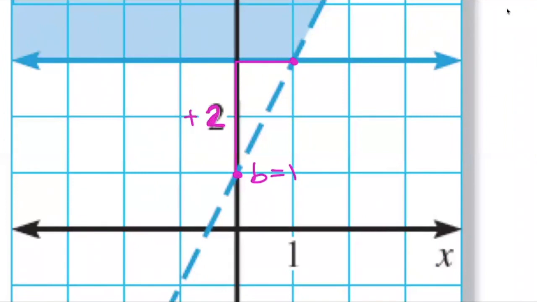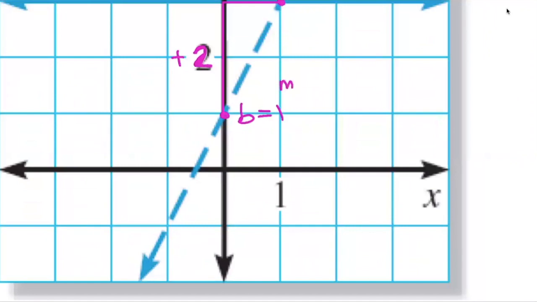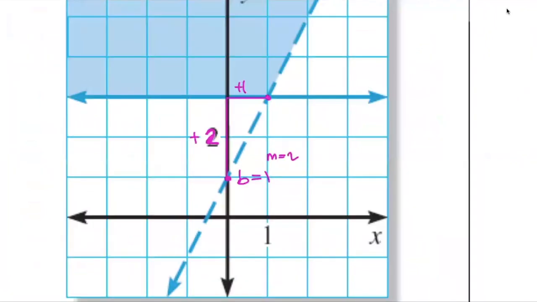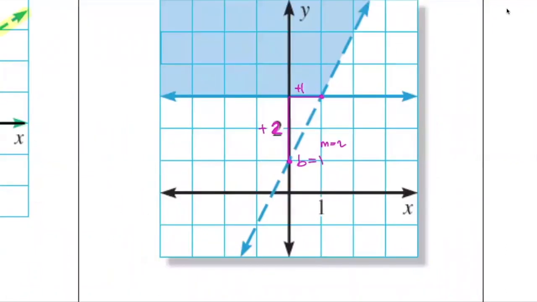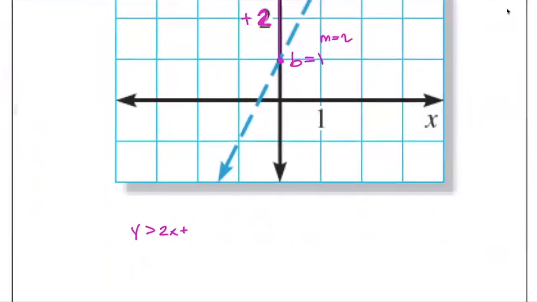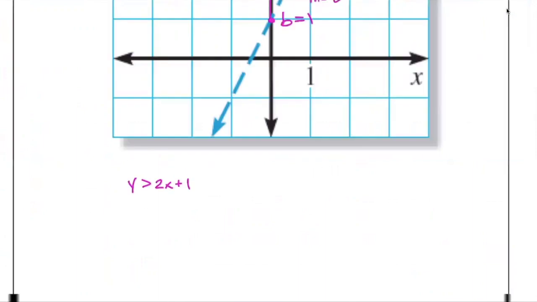So plus 2, plus 1, which means I'm going to have a slope of 2. Notice how it's dashed and we're shaded above the line, so dashed and above means we're going to be greater than. So slope of 2 and a b value of 1: y greater than 2x plus 1.